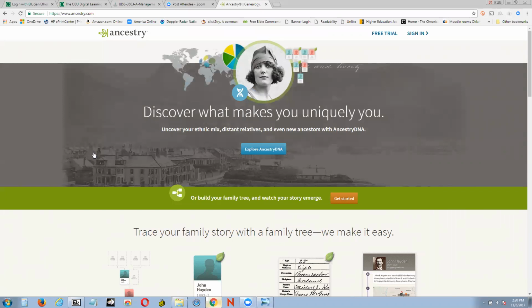You can go online and look at records, start with yourself, and go back as far as there are records in this country. If you have an approximate idea of when your folks arrived here, then you can go on forward. There's a television show, I think on PBS, called Finding Your Roots, where the host walks you through that.